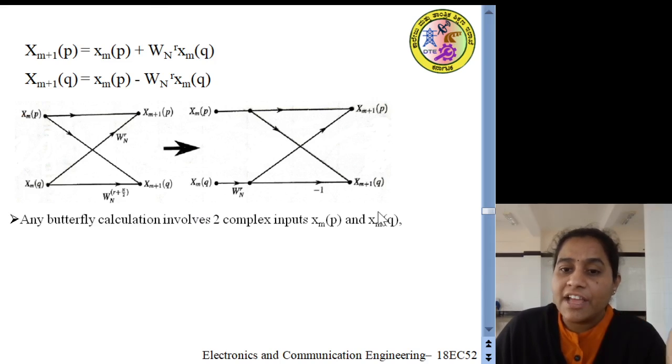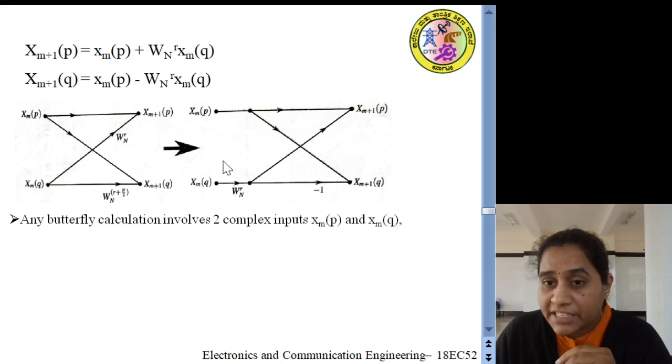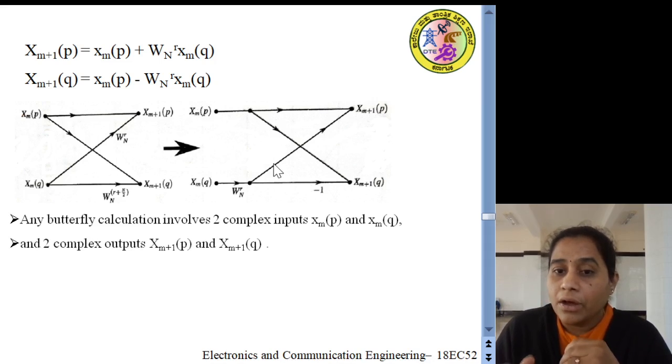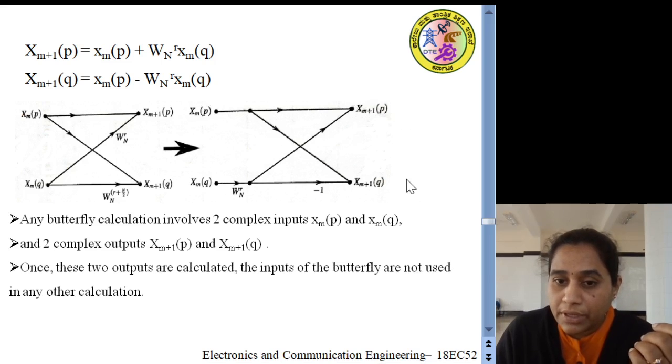If we consider any butterfly calculation, it involves two complex inputs and two complex outputs. Obviously, because of these two complex input values, we obtain these two complex outputs.